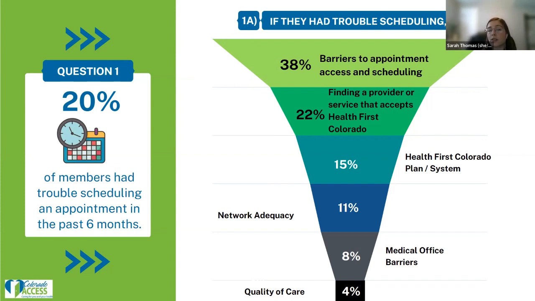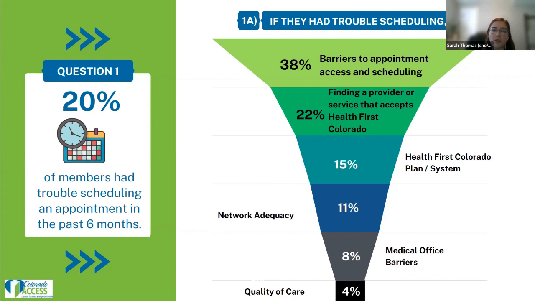15% had difficulties with the Health First Colorado plan or system. So the majority of these were members who were unsure if their coverage was active or if their plan information was incorrect. 11% mentioned issues with network adequacy, meaning there were limited provider options that accepted Medicaid in their preferred area, especially for specialty clinics.